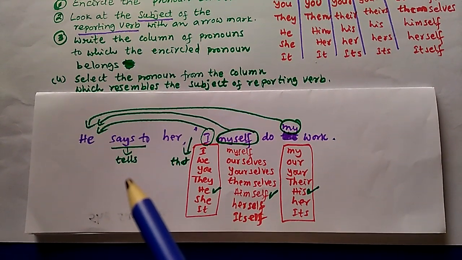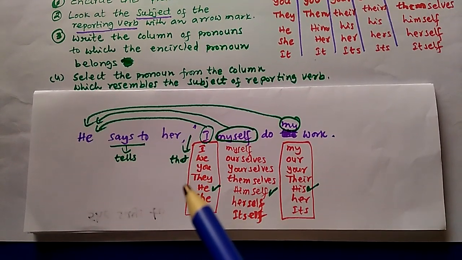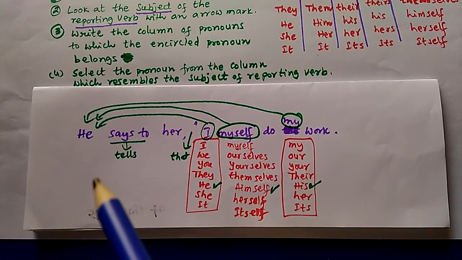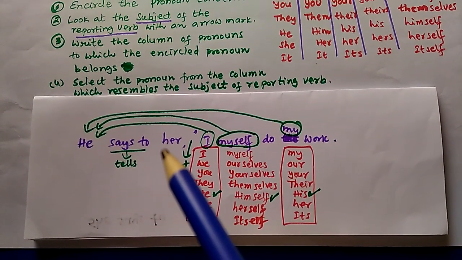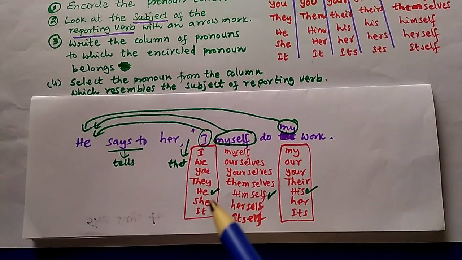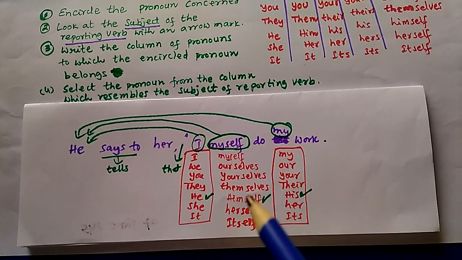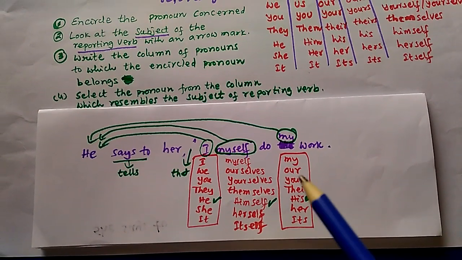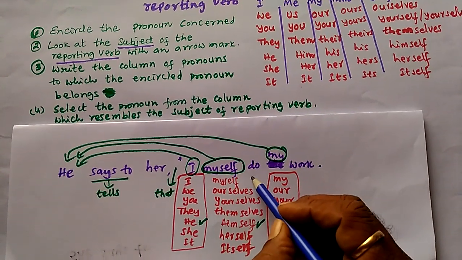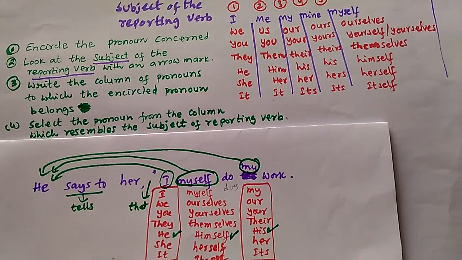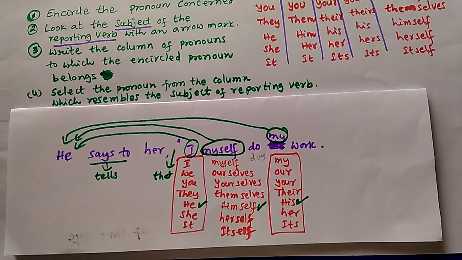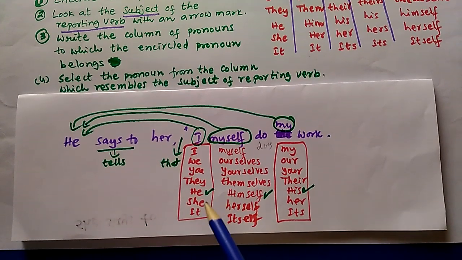And here says to becomes tells, and inverted comma becomes that. And we get the answer. He tells her that he himself does his work. Here do becomes does, because here it agrees with the he.